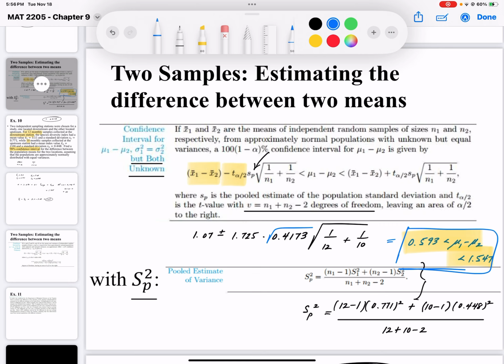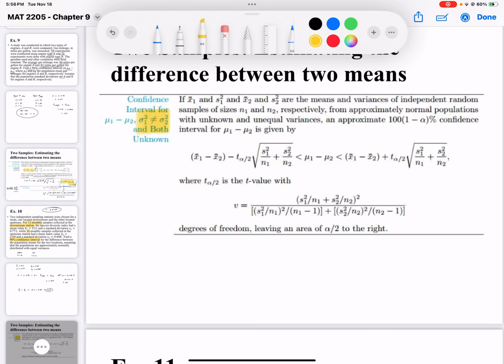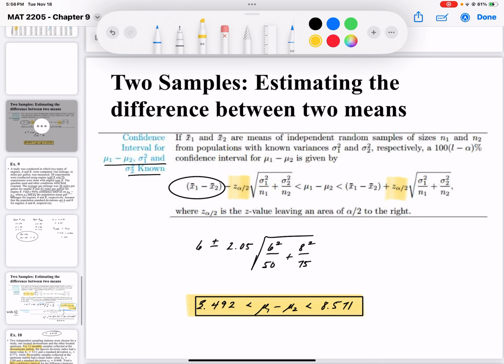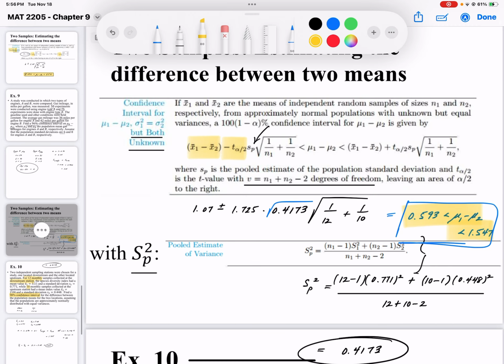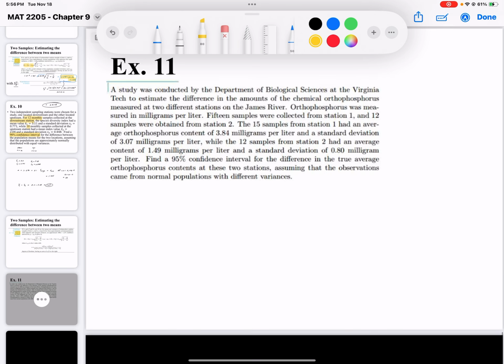But it looks like this is the difference between two means both unknown, and this is also the difference between two means both unknown, but the standard deviations and the variances are different. So yes, it's both a t distribution. However, the second one, both are unknown, but they are different. And for the one we just finished, both are unknown, but they are understood to be the same, equal. So take a second and see if you can figure this one out on your own.